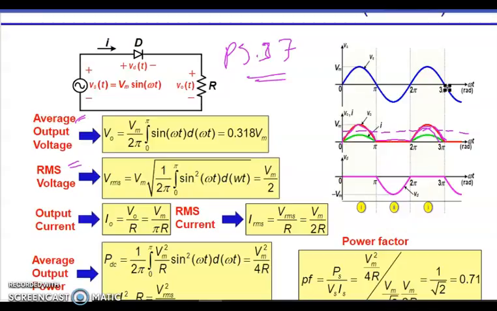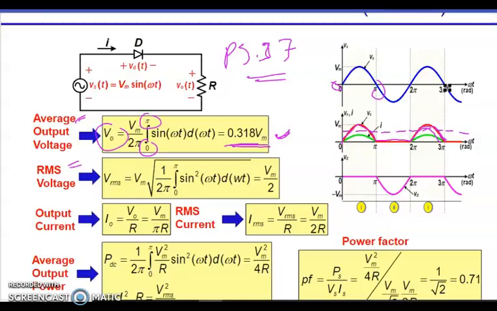So V output in terms of your average value, you will integrate from 0 to pi, and you will get the value of 0.318 times Vm, where Vm is the maximum value. So this is the average output of your voltage.